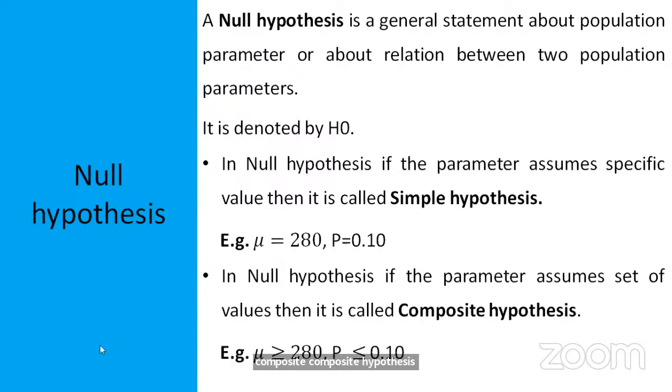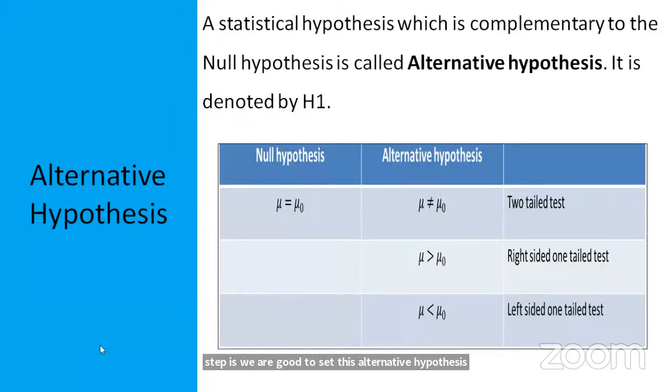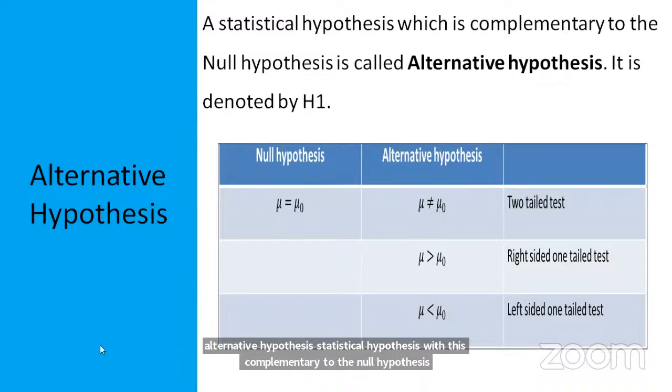So for any given problem, first we have to set the null hypothesis. That is the first step. The second step is to set the alternative hypothesis. An alternative hypothesis is a statistical hypothesis which is complementary, that is inverse, to the null hypothesis.